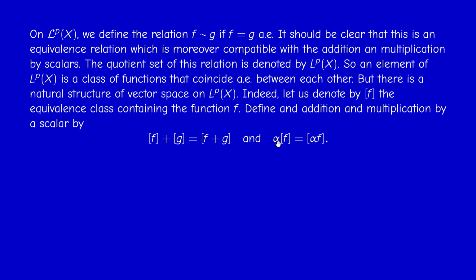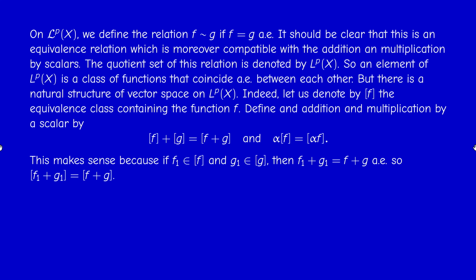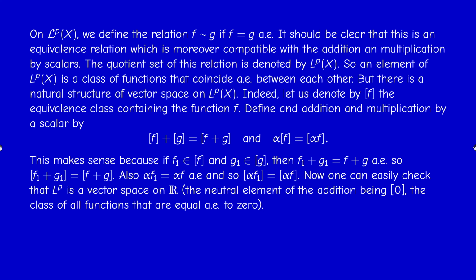Similarly, a multiple of a class is the class containing the multiple. This puts a vector space structure on capital LP. The zero element is the class containing zero, the set of all functions that are zero almost everywhere.